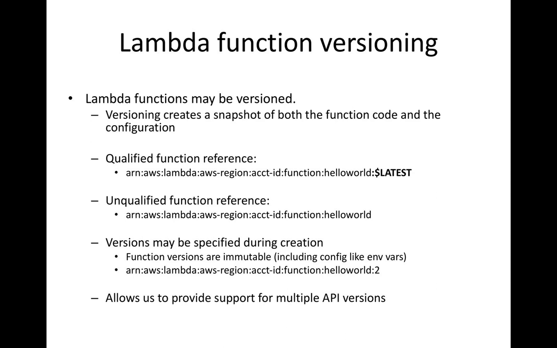As you develop and add new functionality to your API, oftentimes you'll need to support the previous version or two of the API so that clients that are dependent on that API don't automatically break when you push out a new version because they're pinned to a previous version of the API.